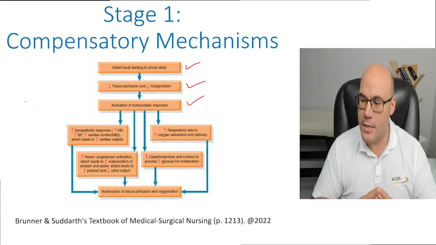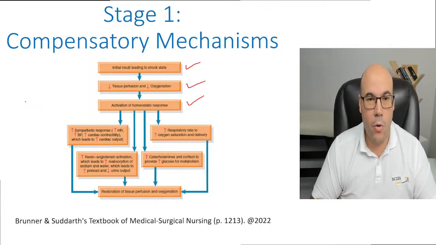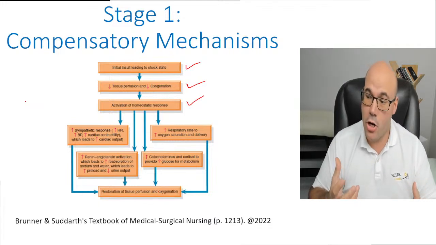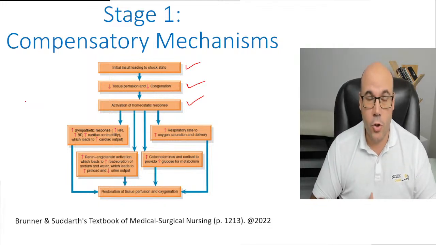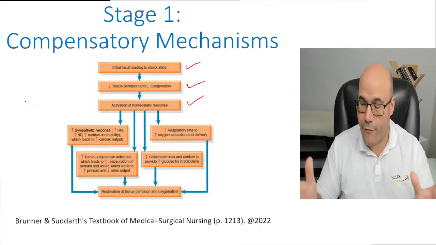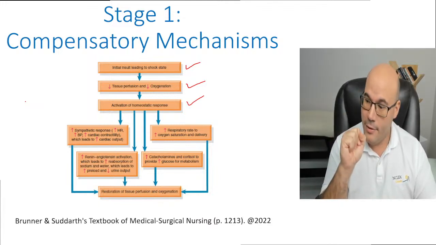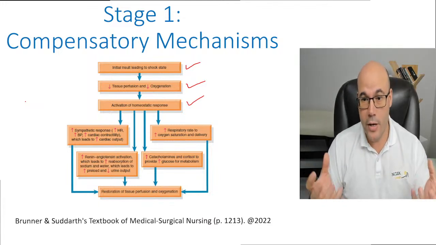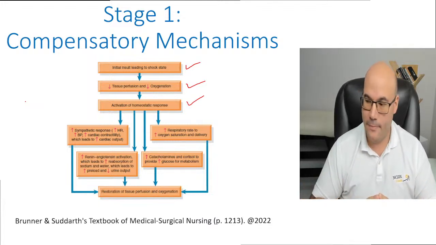Well, there's going to be more fluid available, which in turn is going to increase the preload of the heart to be able to circulate more fluid and oxygenated blood to the different parts of the body, and the kidneys kind of shut down, decreasing urinary output. Why? We want to save fluid for adequate circulation.